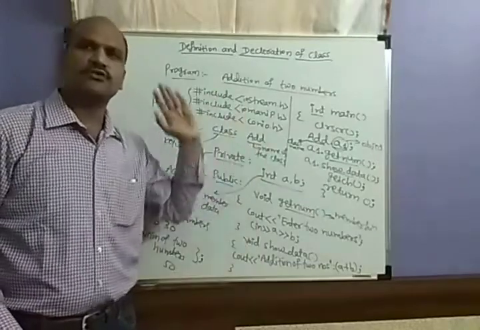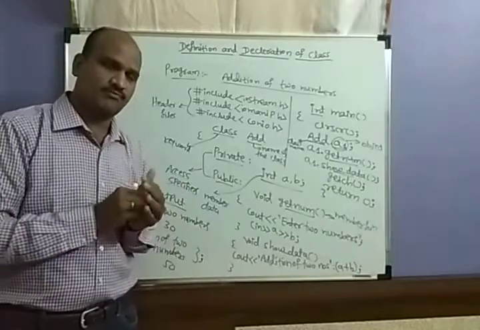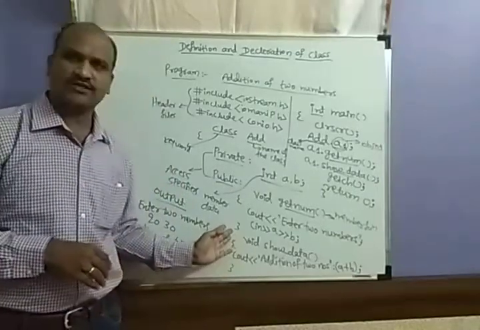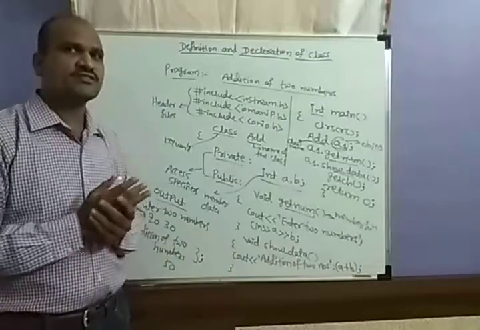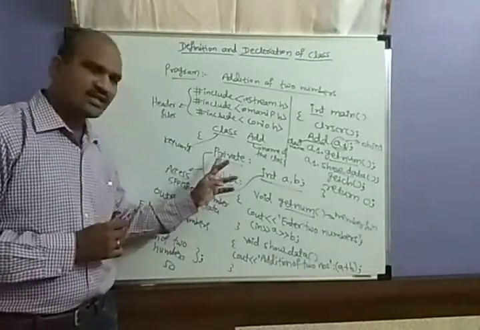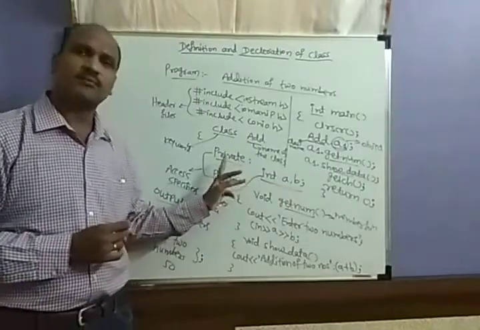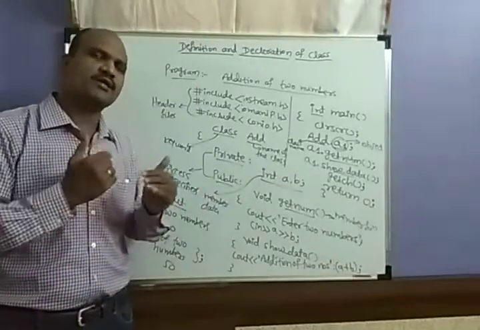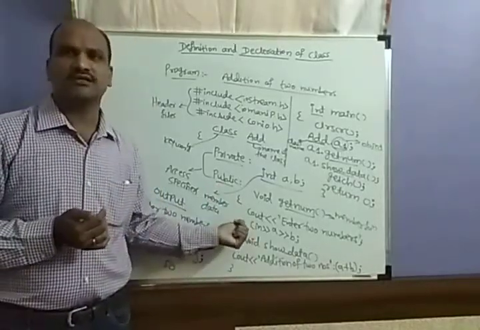Like this you can use n number of classes, objects and functions in a program. In the next class we will discuss in detail the access specifiers: there are three, private, protected and public. Private and protected are similar, and public is where you use the functions.